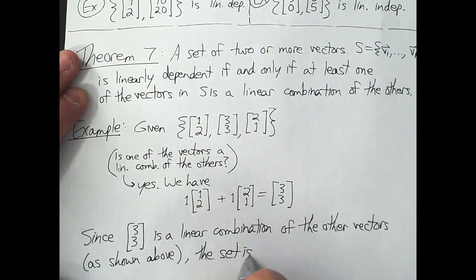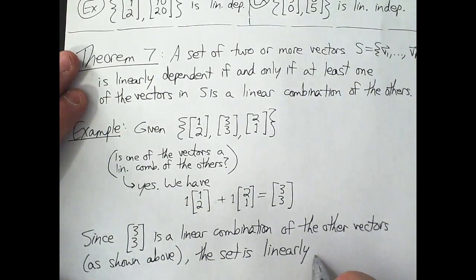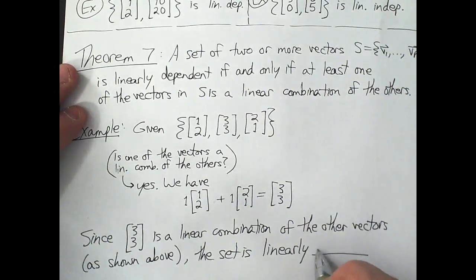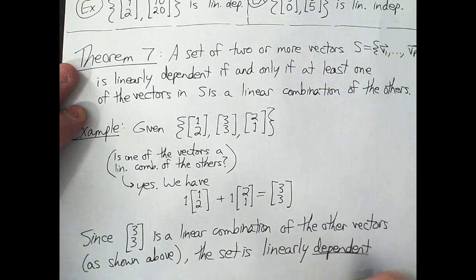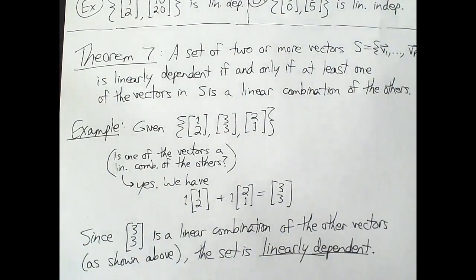The set is linearly, which word is going to go here? Think about that. Dependent. Okay? So that is an example of how to use Theorem 7 as a shortcut.